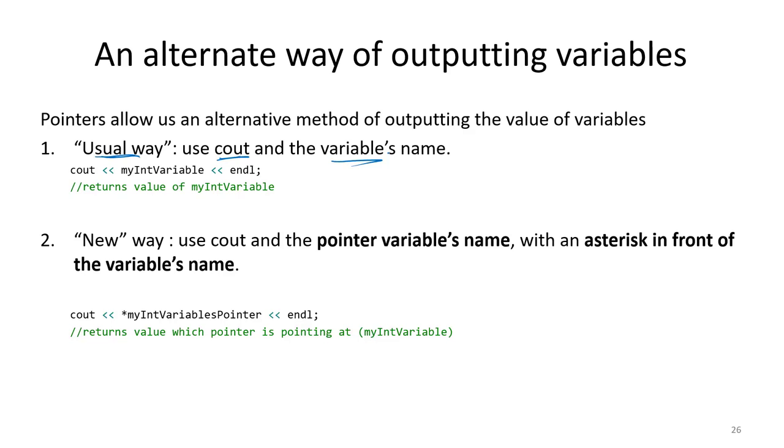But another way we can access the data in that memory is to use cout and the name of a pointer which points at that data. So if we say cout asterisk my int variable's pointer, that's going to return the value that our pointer was pointing at.